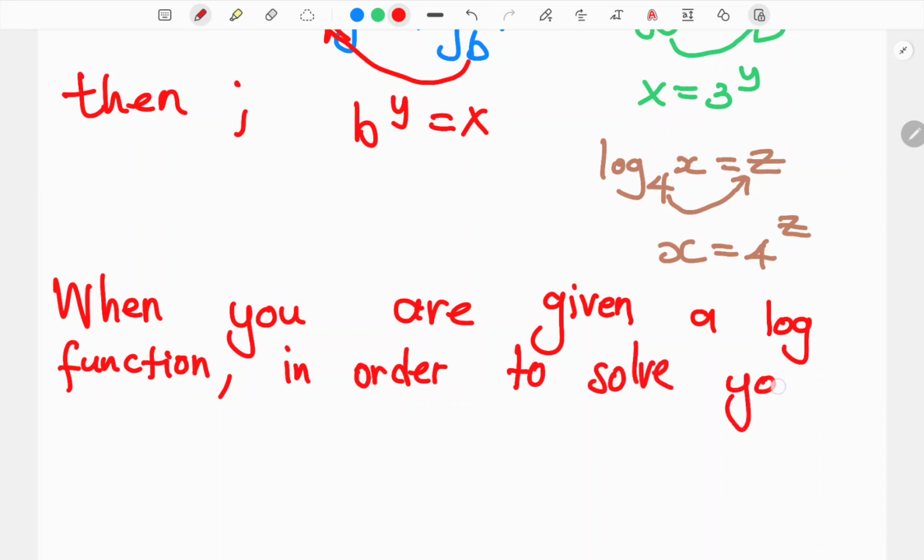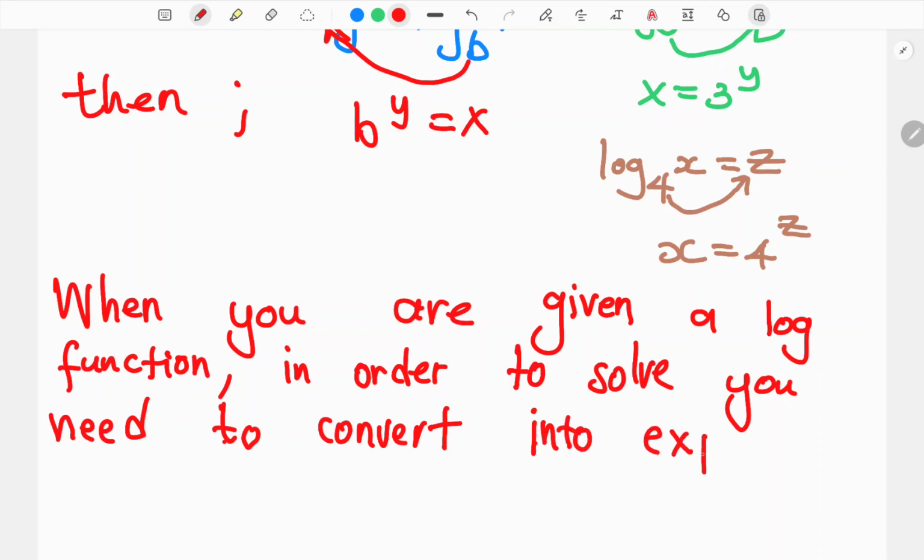you need to convert into exponential. So if they say solve for x and give you a log equation, you need to convert it into exponential in order to solve that problem.